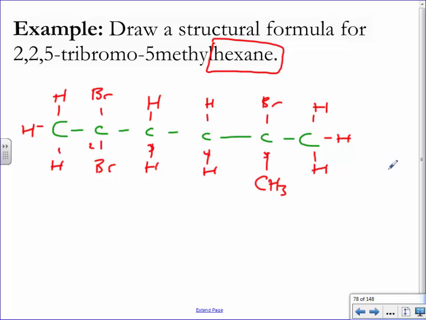But also, it's probably polar as well. Because unless this thing is like perfectly symmetrical, there's going to be a dipole to it. Now, I don't really care where the dipole is, but can you guys agree that this thing is not perfectly symmetrical? No. It's not. And even if this one right here were a bromine, that still doesn't necessarily count.